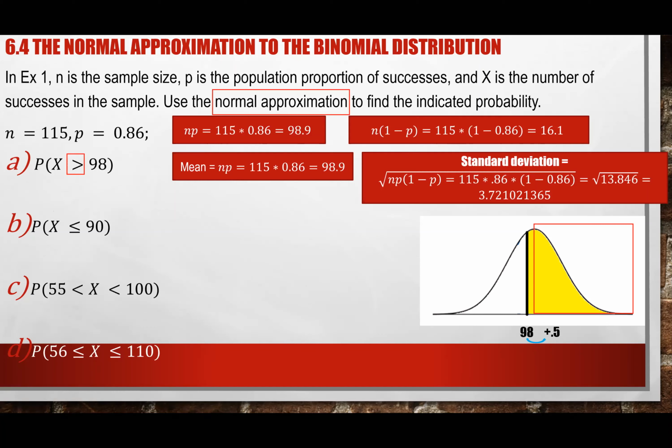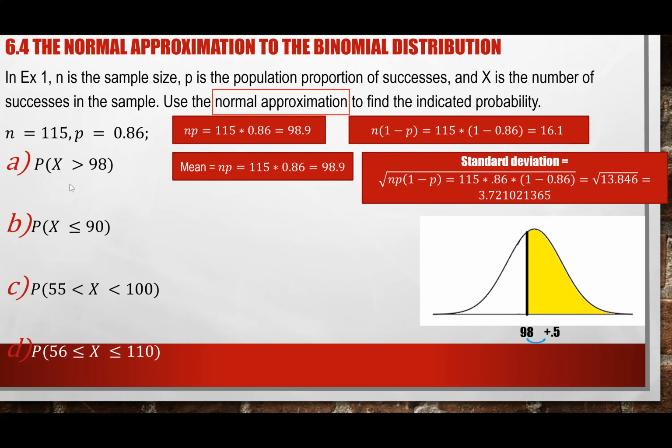If you move it to the left, you subtract 0.5. Again, if you move it to the right, you add 0.5, and if you move to the left, you subtract.